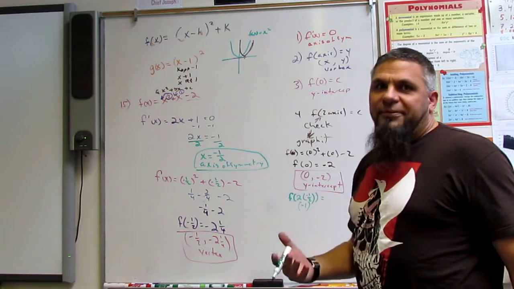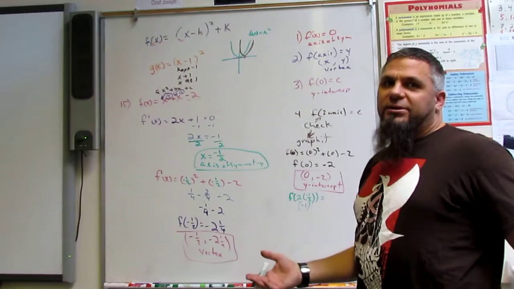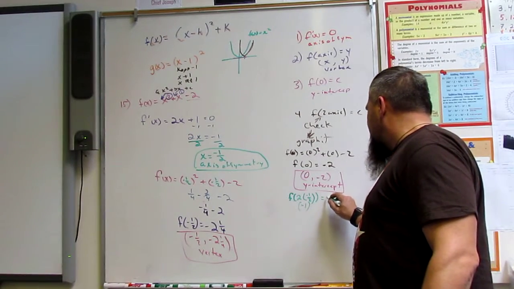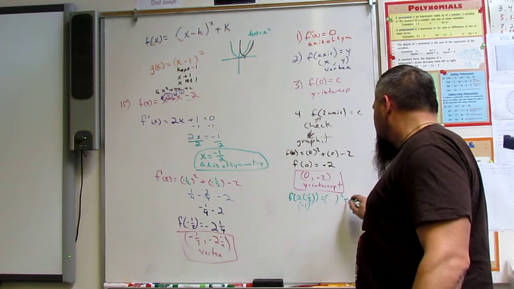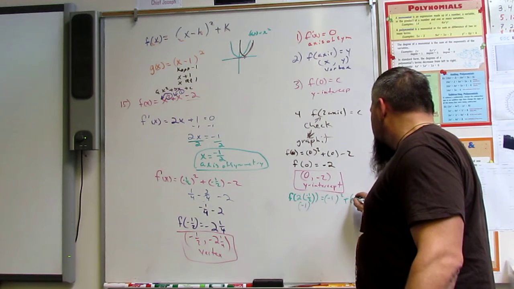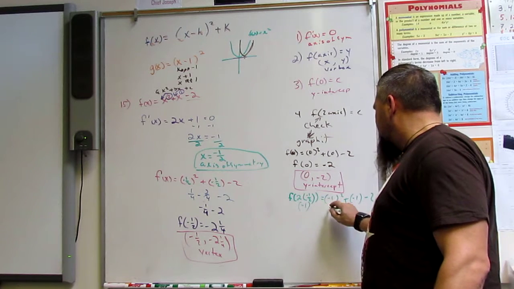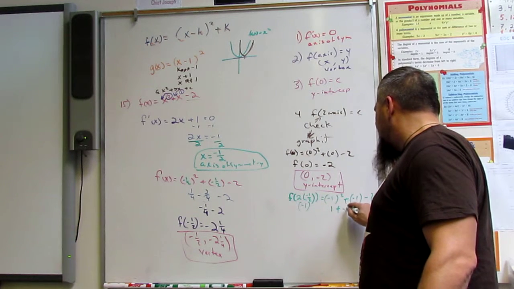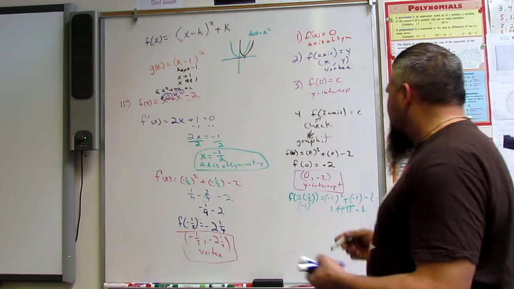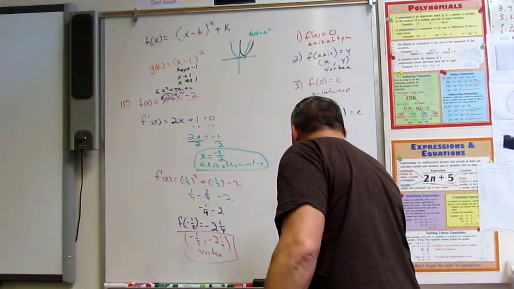Half of 2 is 1, and negative times positive is negative. So -1 squared plus -1 minus 2. So -1 squared is 1, plus a -1, minus 2. These cancel, I get minus 2. So it checks out to be good.